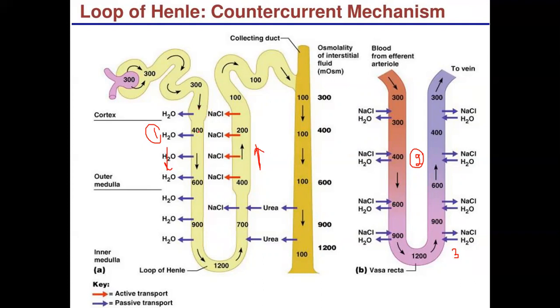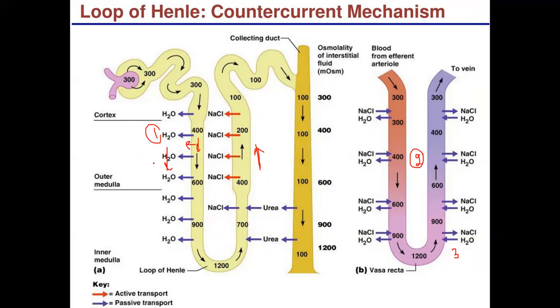Now when it comes to the descending limb of the Henle's loop, this loop is permeable to water but impermeable to salts. So only water can come out of it. The area surrounding this nephron is called interstitial fluid.